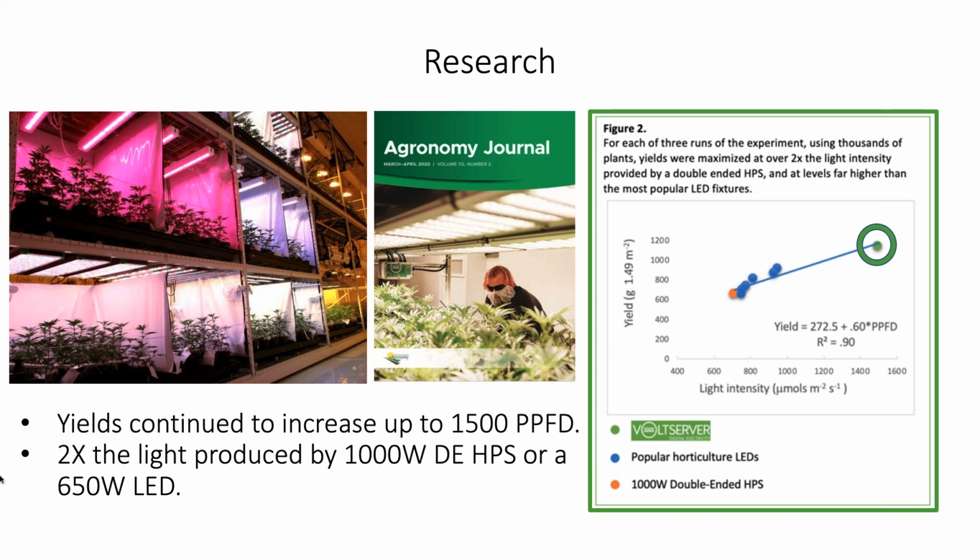So that's a really important point. Right now, the vast majority of growers, not through any fault of their own, it's just that the research wasn't there, are probably giving their plants about half the amount of light that's necessary to maximize yields.